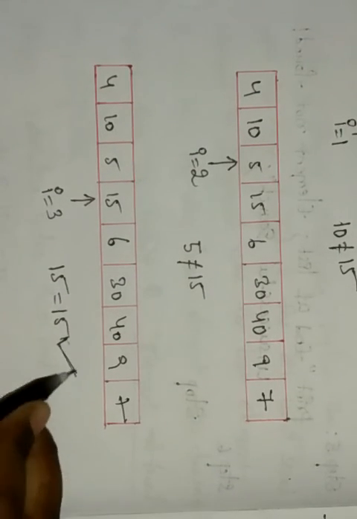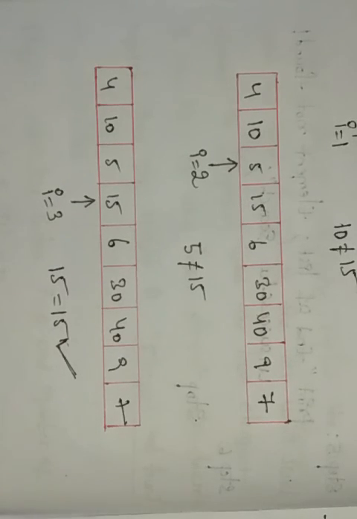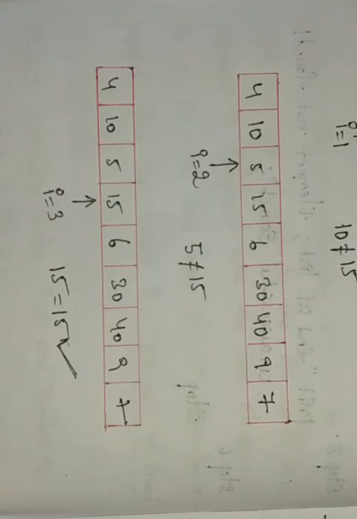This is true, and then you can stop the process now. It shows that the element is found. The element is successfully searched. Like this we can process our information.